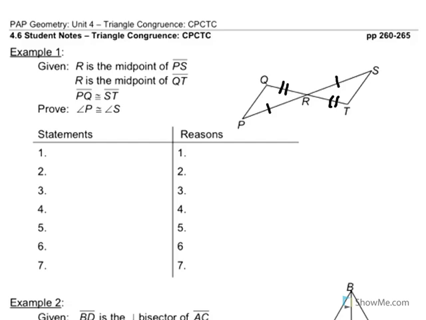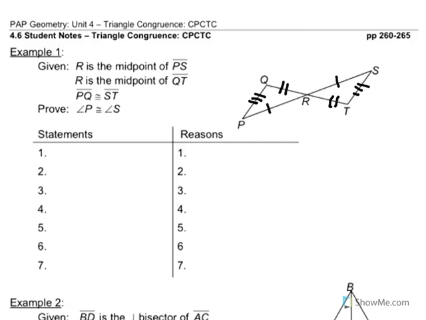Now, at this point, you have a couple of ways that you could prove the triangles are congruent. One is just using your other given, PQ is congruent with ST, and that would be side, side, side.